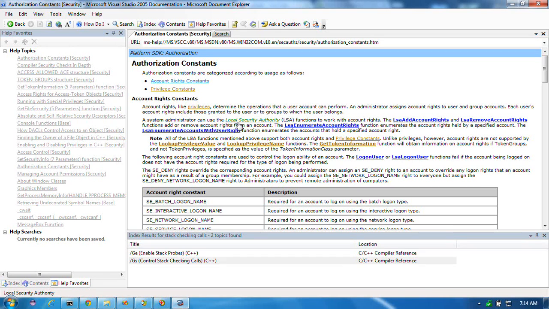LSA is Local Security Authority, and it's something called a package which implements another layer between the base security functions, like MFC does, and simplifies some of the function calling.